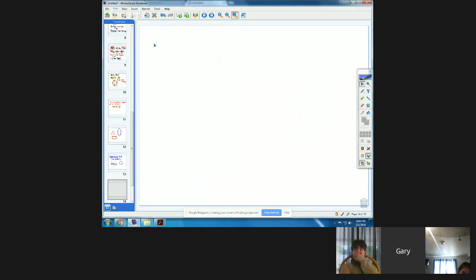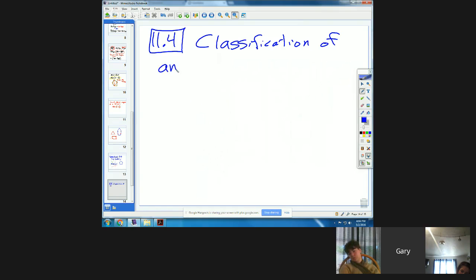And we've covered some of the stuff in 11.4, but there's a whole bunch we haven't. So 11.4 is mostly about classification of angles. There was a little of that in previous sections, like acute, right, obtuse, supplementary, complementary.